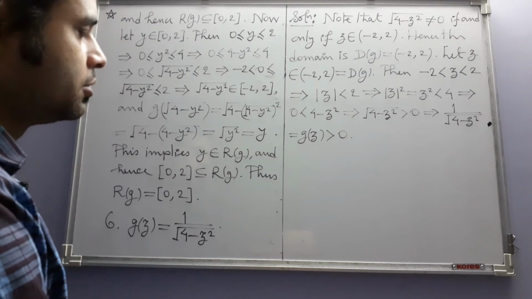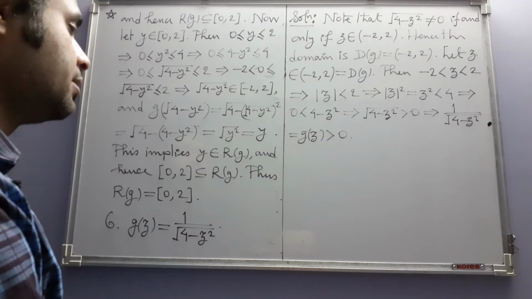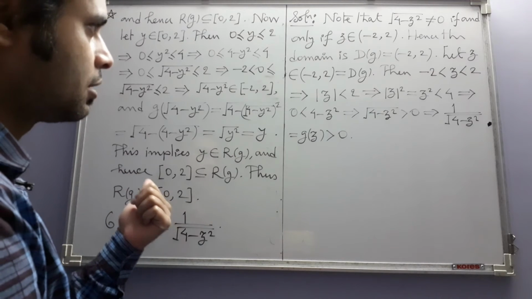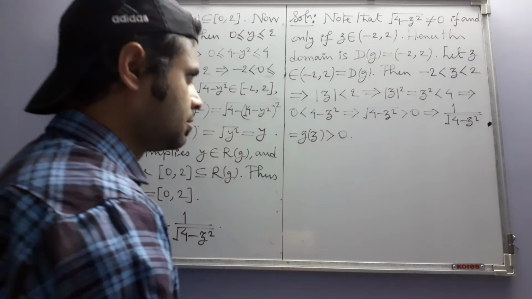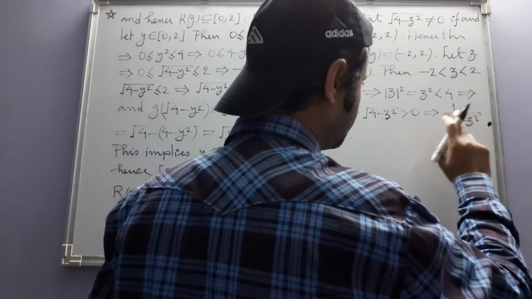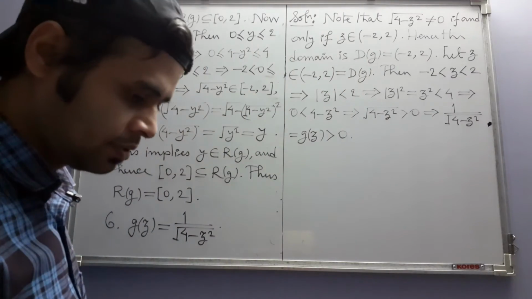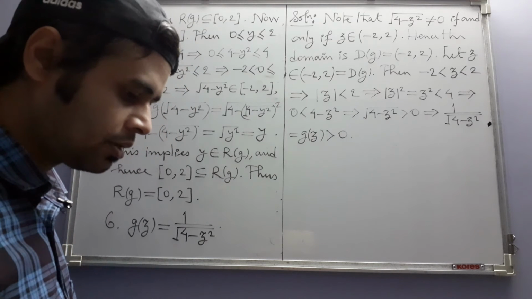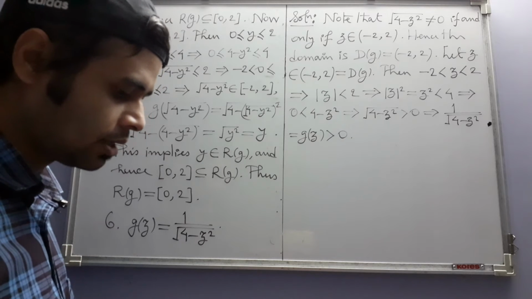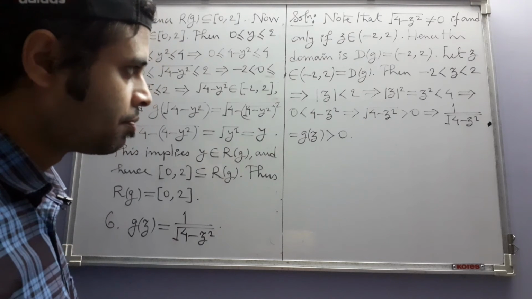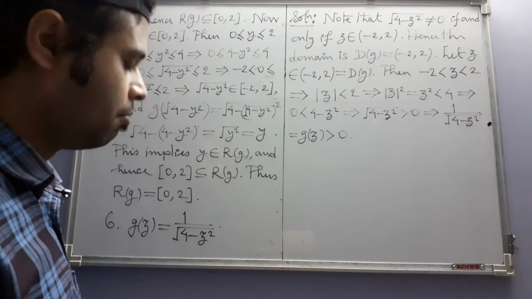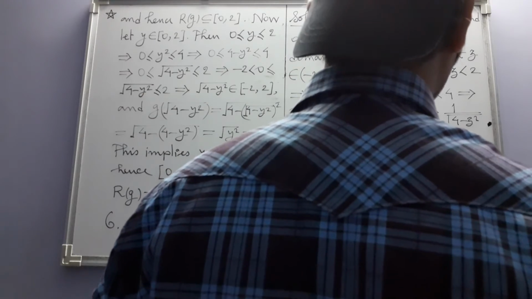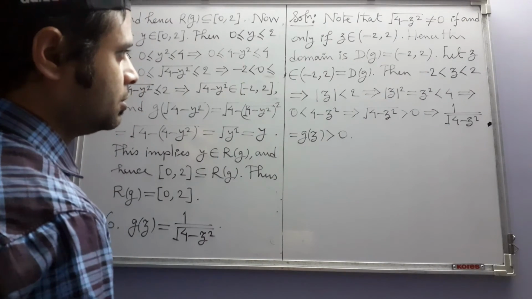Taking our cue from the previous exercise calculations, square root of 4 minus z square, we have already shown that it is less than or equal to 2. So will it not imply that its reciprocal is greater than or equal to 1 over 2? In fact, that's what we want to prove.